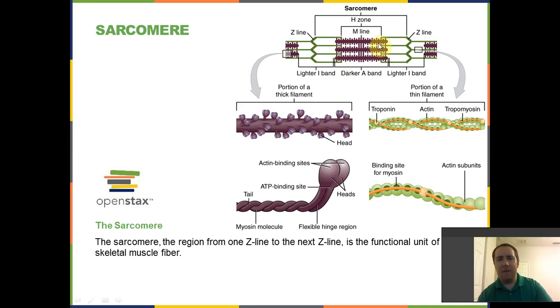And part of it only has thick filament. If you only have thick filament and no thin filament, you are in the H zone. If you have both, we don't have a special name for that. That is just part of the A band. And so the H zone is part of the A band, but not all of the A band.